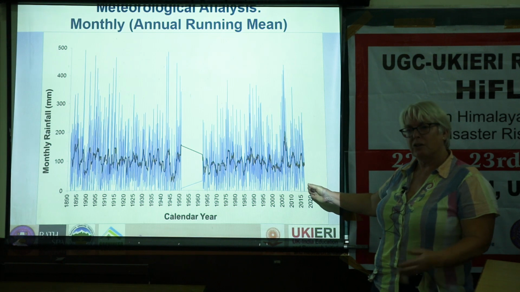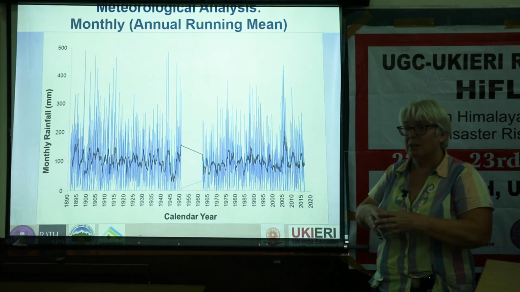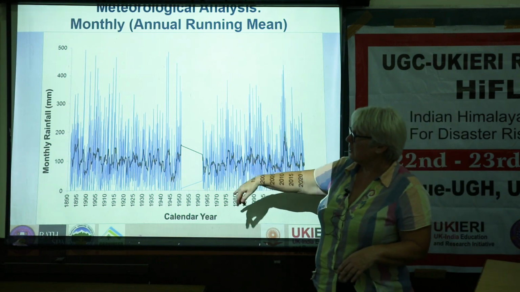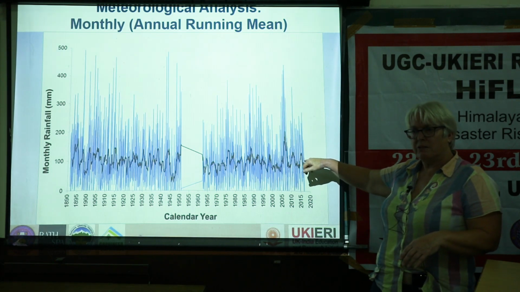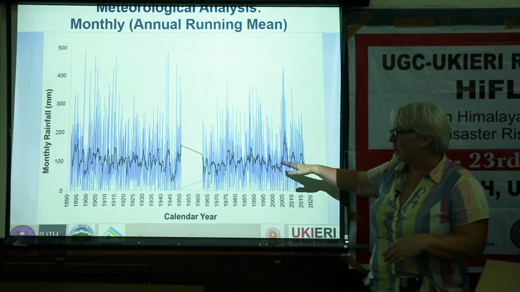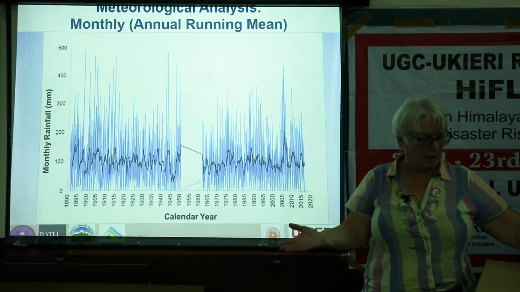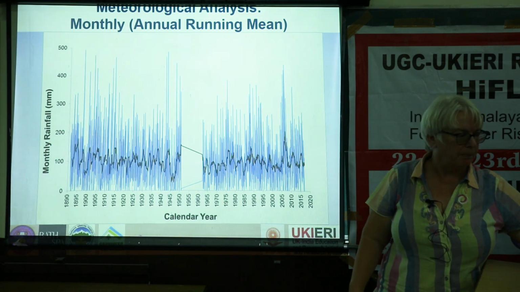We're hoping to get some more data, the most recent data, in the next month or two. We think there's a change in the trend, but we haven't done the statistical analysis yet, and that will prove whether these slight changes are significant or not. So that's something to do in the next month or so.